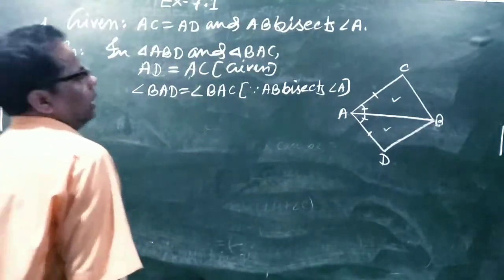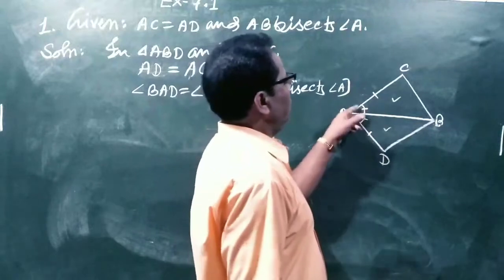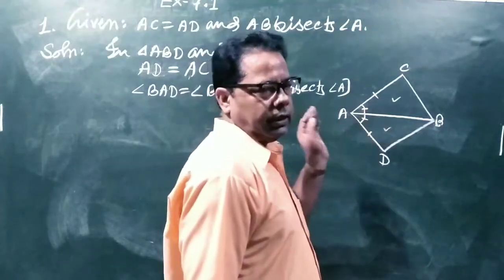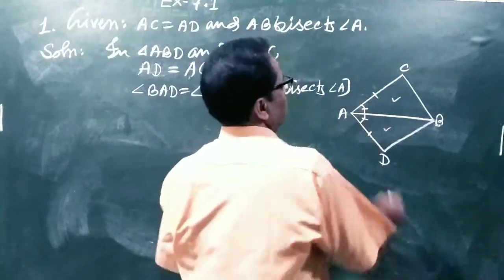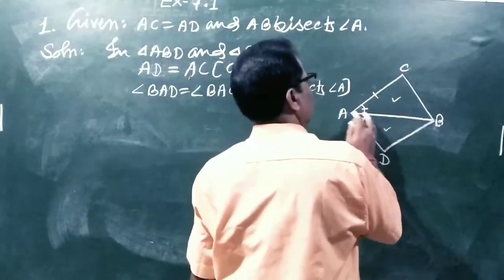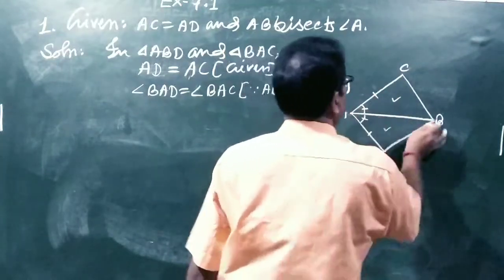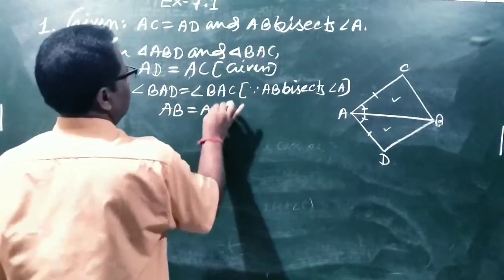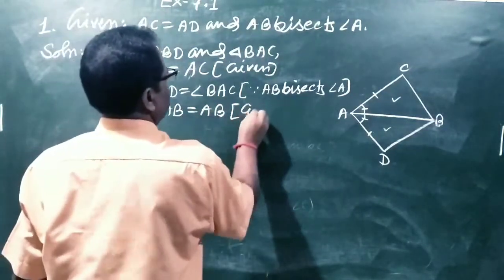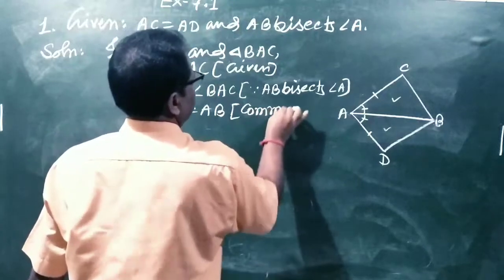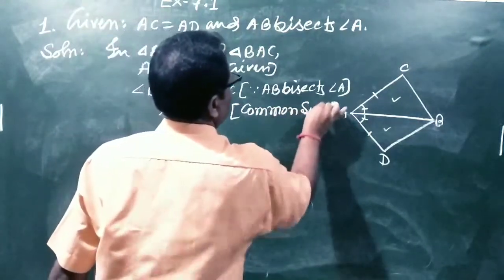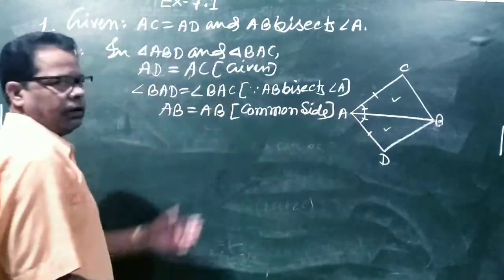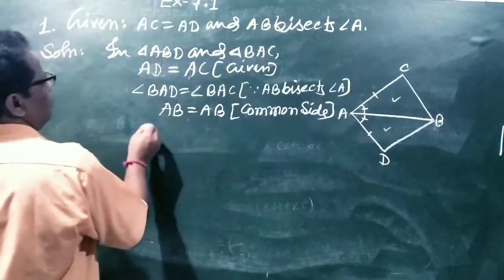Now there are two things given to us, and one more piece of information we have to find out: both triangles have one common side, that is AB. So AB is equal to AB, which is called the common side. Both triangles have the same side.